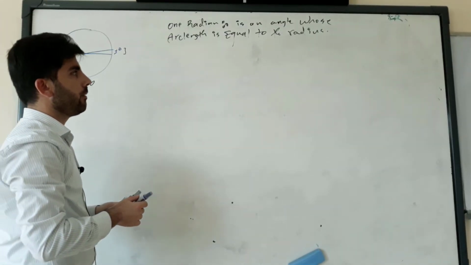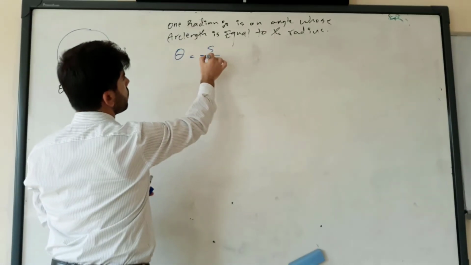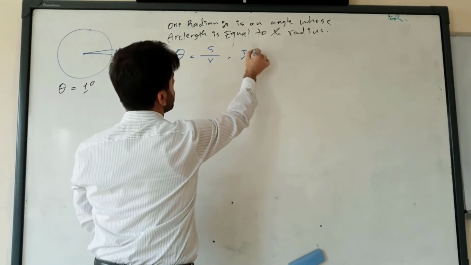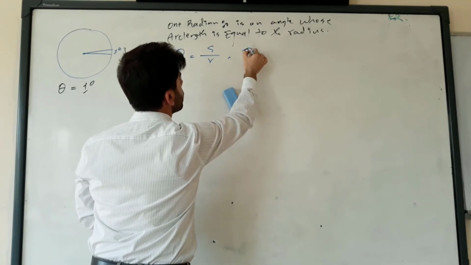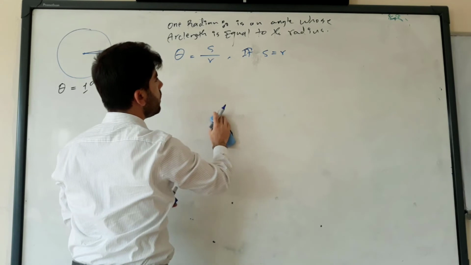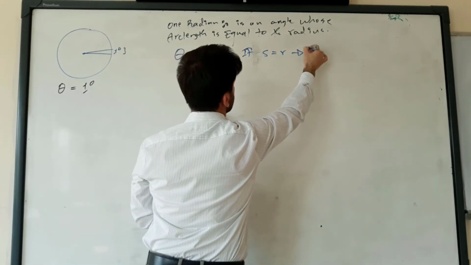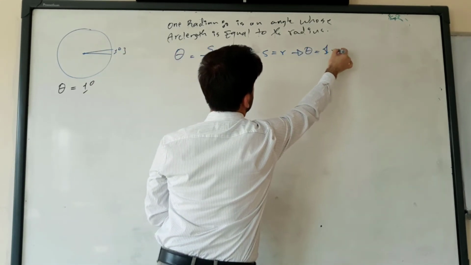How? We all know that theta is equal to S over R. If S is equal to R, theta will be equal to 1 radian.